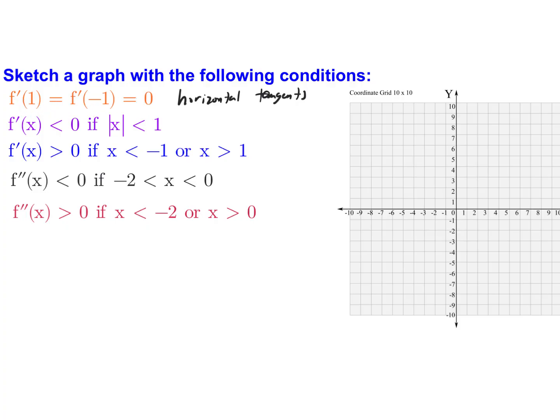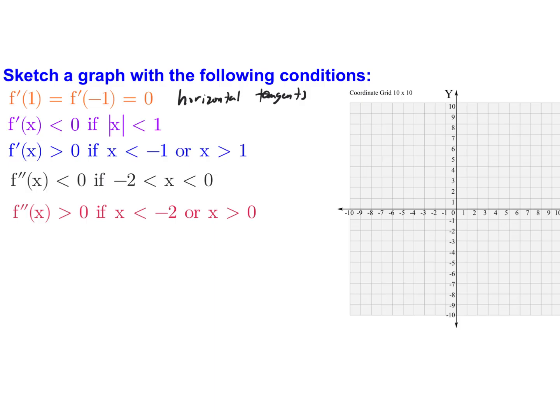That's what they are telling us. You have horizontal tangents there, which means we have local mins or local maxes there, okay? That's important. Because remember, if it's a local min, it's going to look sort of like an upward-facing parabola. If it's a local max, it's going to look like a downward-facing parabola, okay?